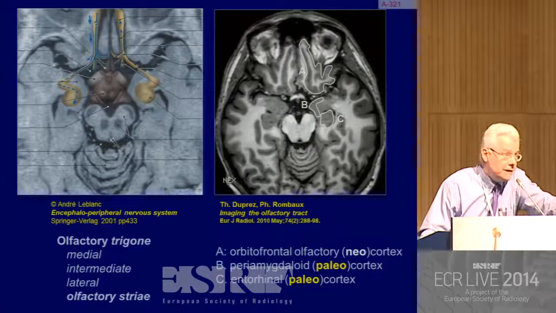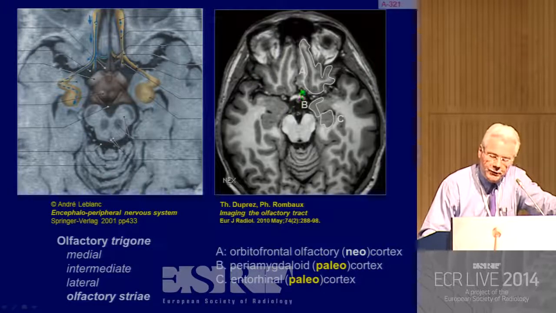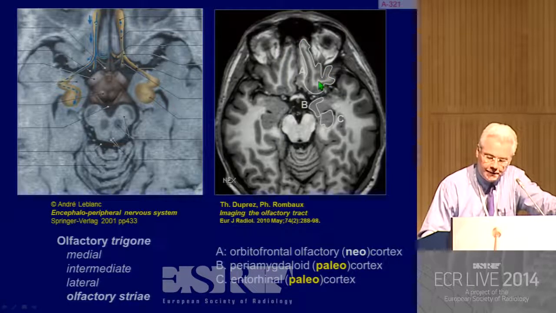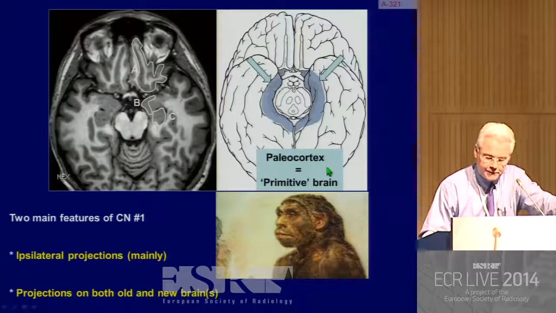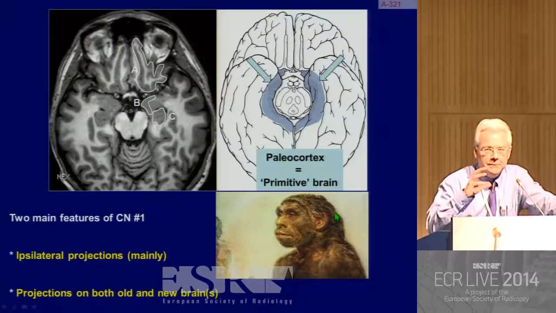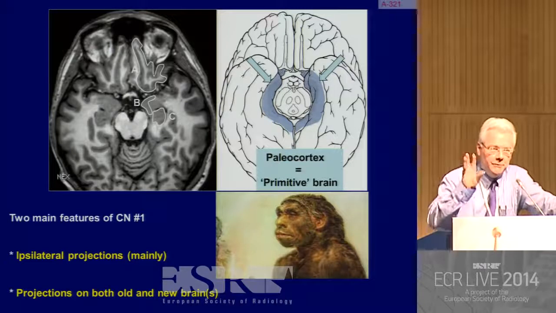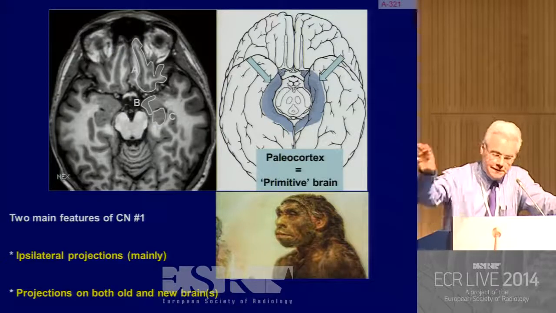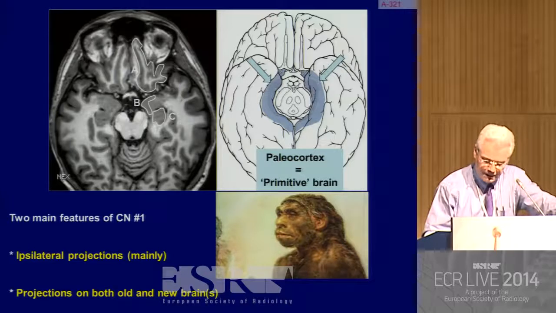This is a unique characteristic of olfaction that it projects on the old brain. There are also projections on the neocortical area here, the orbitofrontal area. Thus, we have a kind of bivalence of the projection of the olfactory system on both paleocortex and neocortex.